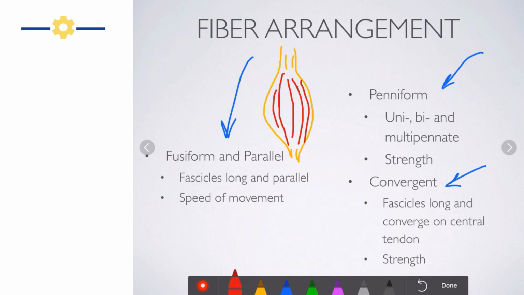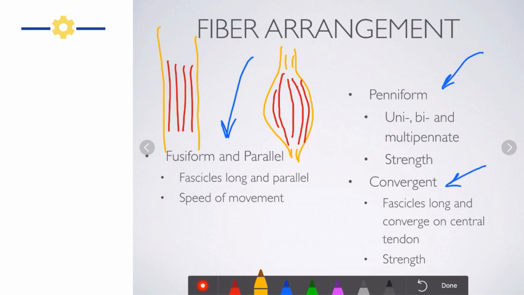In a parallel muscle shape, the fibers are all like this, and we have a tendon that runs like a band from one end to the other. The muscle fibers in both of these arrangements are structured so that they're parallel with the direction of pull. So if the muscle fiber shortens 1 inch, then the muscle itself shortens 1 inch.